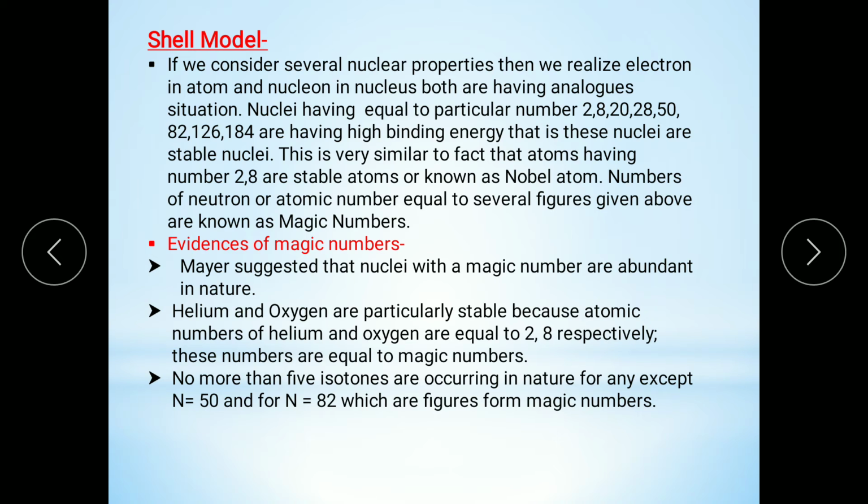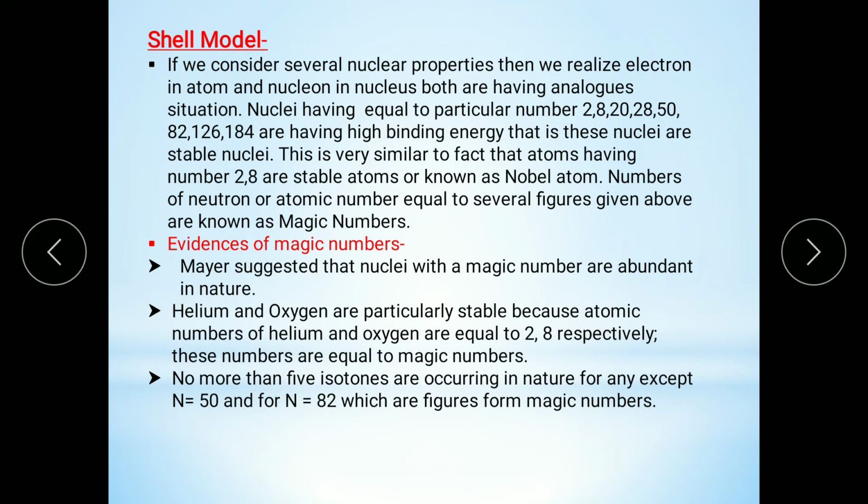Nuclei having particular numbers like 2, 8, 20, 28, 50, 82, 126, 184 have high binding energy. That is, these nuclei are stable nuclei.